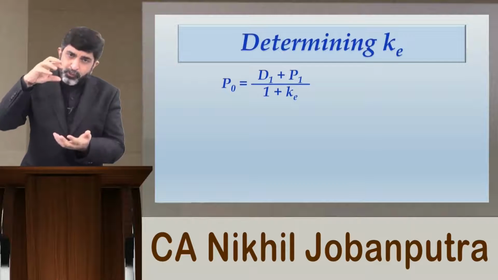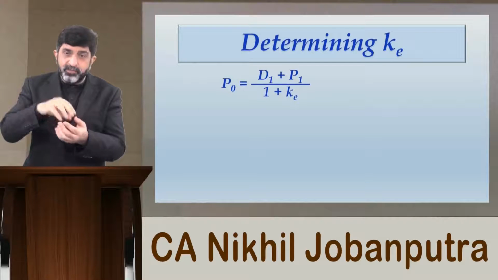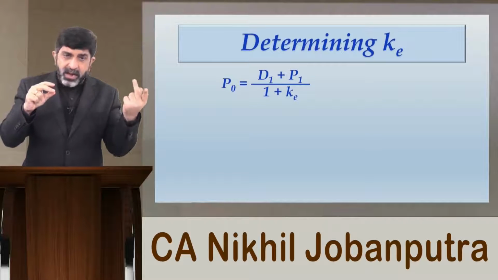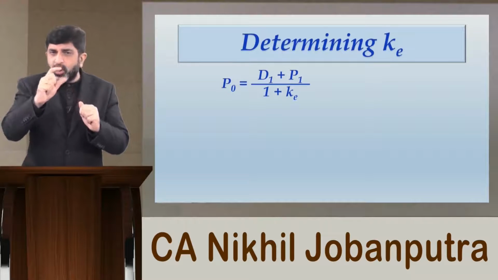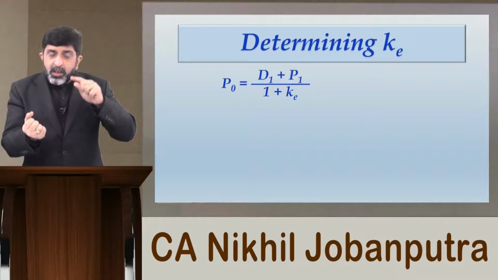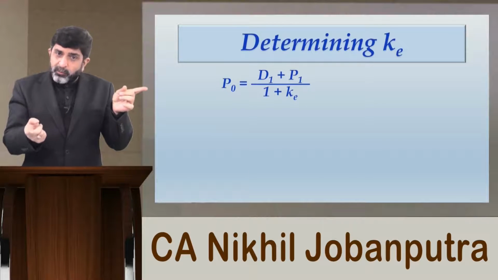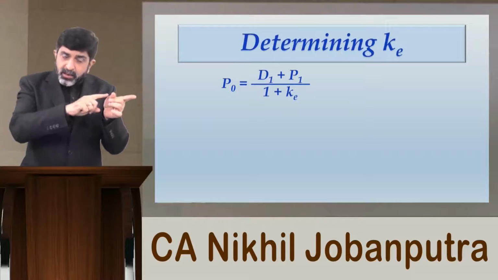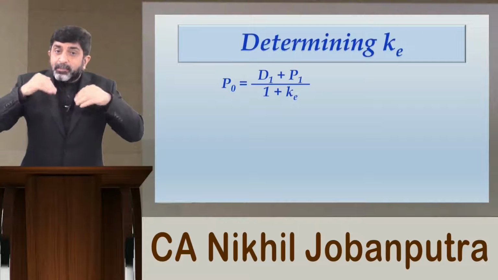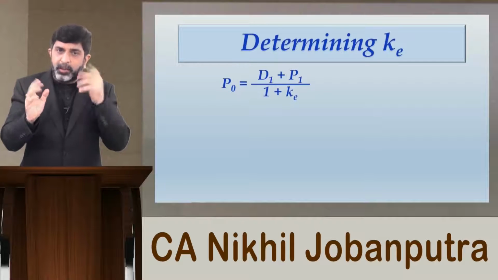P0 stands for the current market price, then D1 is the expected dividend receivable by year end. What is this P1? If P0 is the current market price, P1 would be the price by the end of the year, but we cannot know that price, so it is just our expectation.